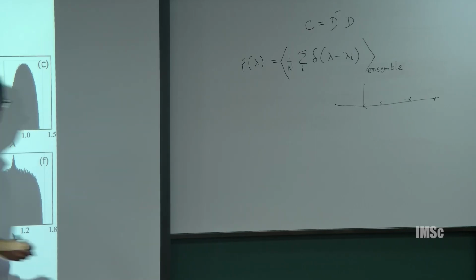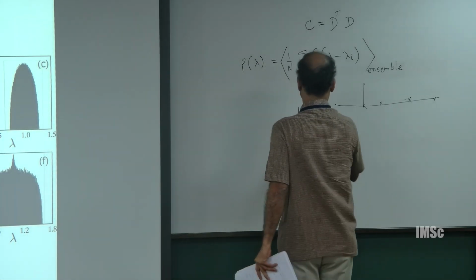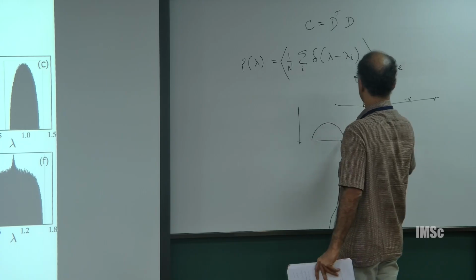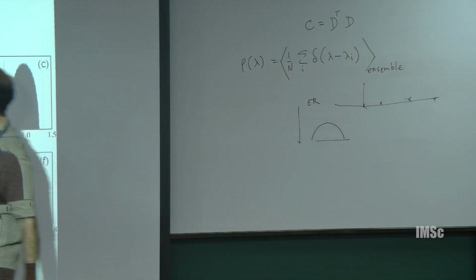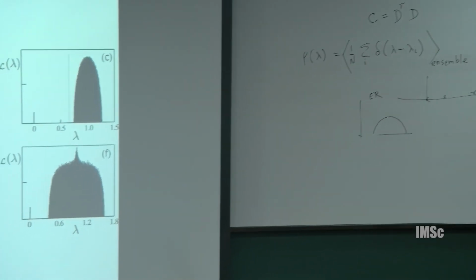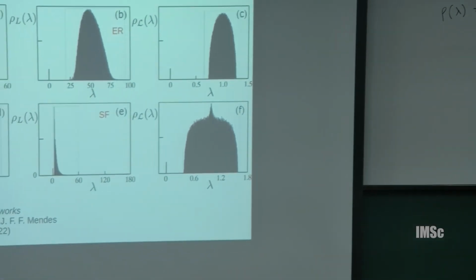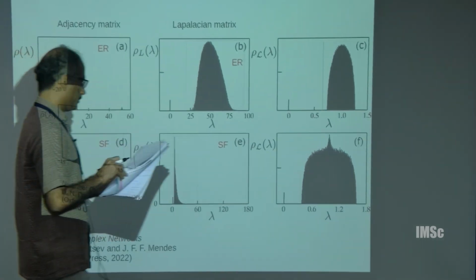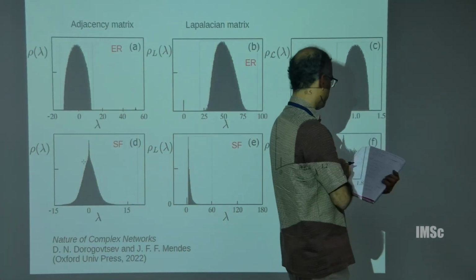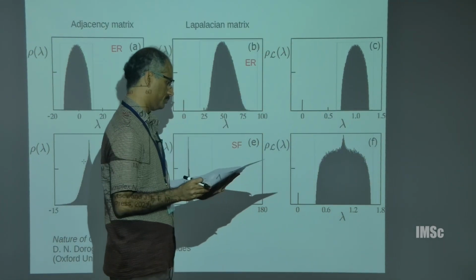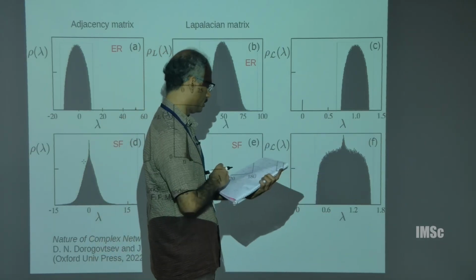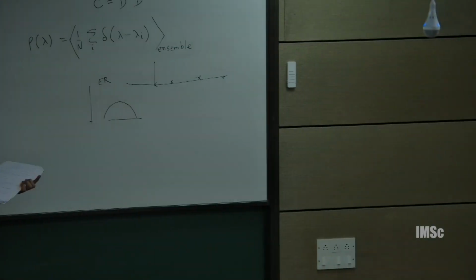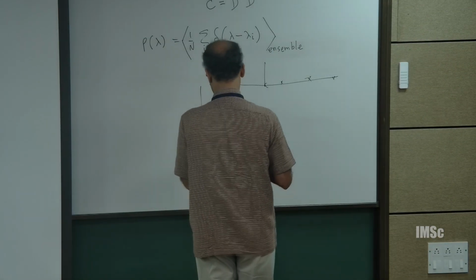Okay, so the point that I want to go back to is that for the Erdos-Renyi network, you have this semicircular form, and where does this semicircular form come from? Maybe I should first state that result for you before we actually go ahead and do anything else.